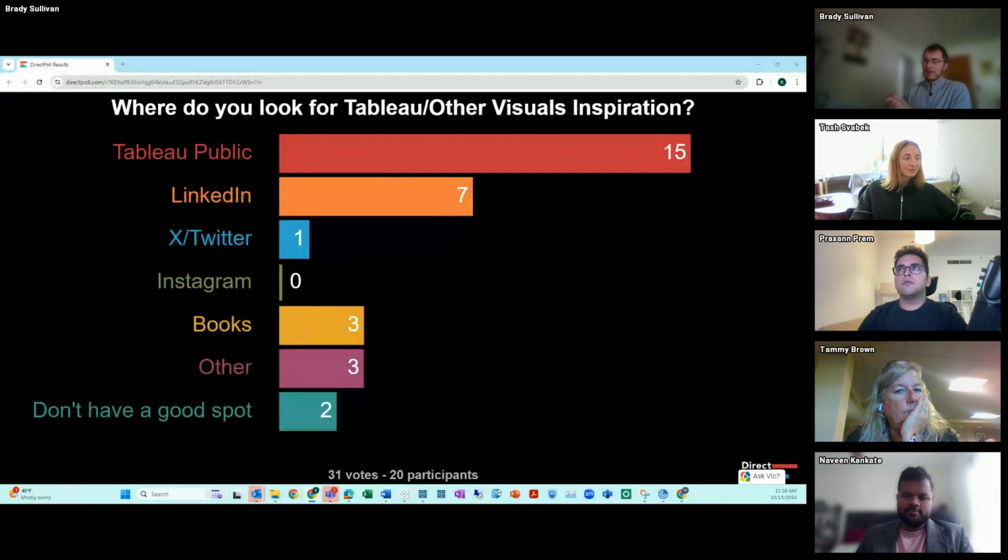And if you don't have a good spot, a lot of these are great places to look. I probably find some from all of these, but hopefully we'll cover some of that today in our ideas of where to look for data and how to get involved in the community. But that was the last question. Thanks for participating.